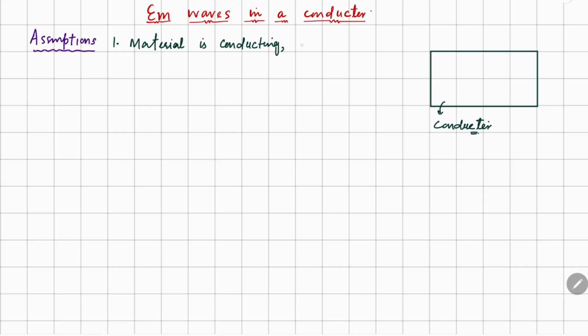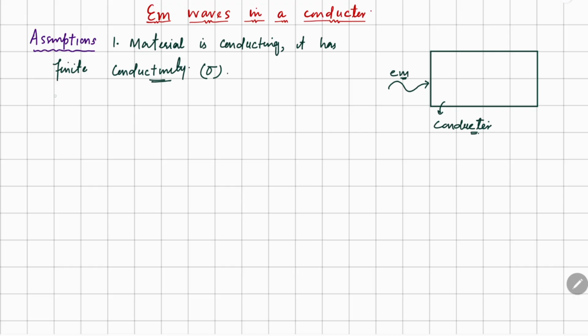What we mean is that it has finite conductivity, sigma. Because finally we would be sending an electromagnetic wave into the material, and this should be a conductor, it must have some finite conductivity.